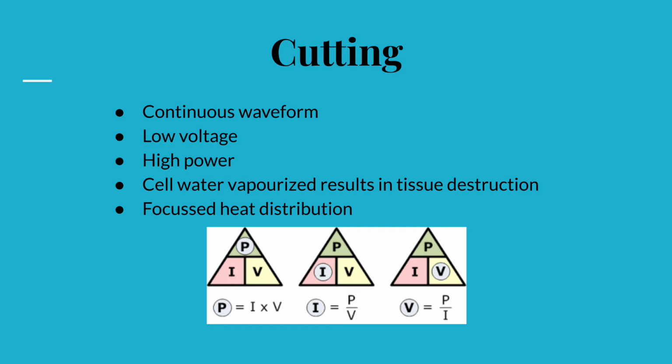You will then realize the importance of this diagram when I come to the explanation of the different modes of diathermy. So in cutting mode, first of all, it is a continuous waveform with low voltage, high power, cell water vaporization, and focused heat distribution, which can result in tissue destruction.